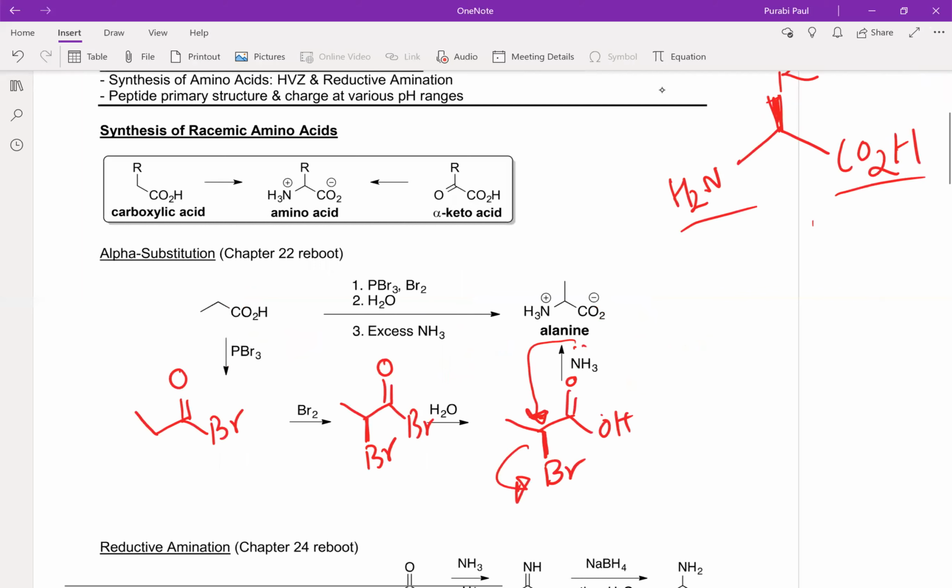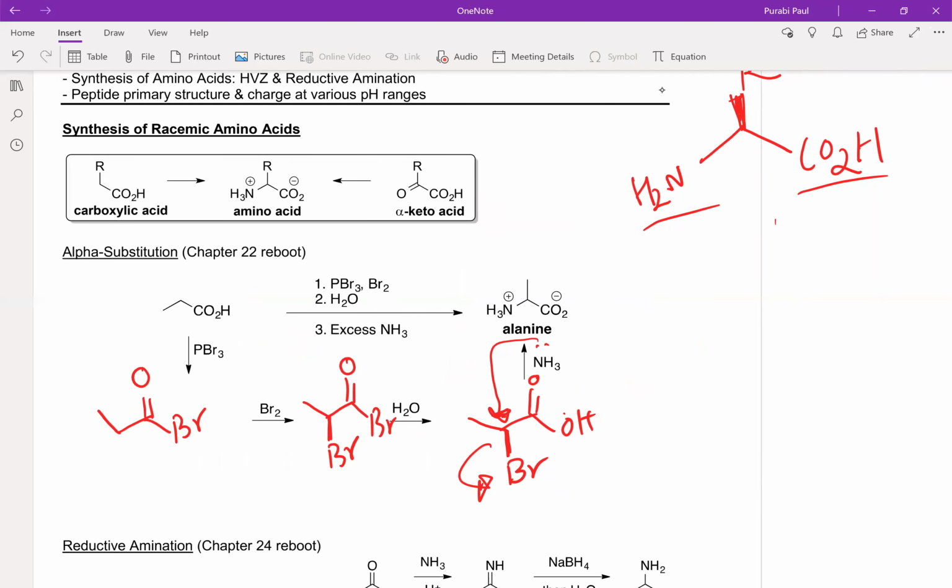Do you see how that has the same structure as what I drew out? It is this on the right, this on the left, with an R group that happens to be a methyl in this case. So if it's a methyl, it's alanine. The reason why this is negatively charged and there's a positive charge is because amines are basic and carboxylic acids are acidic.